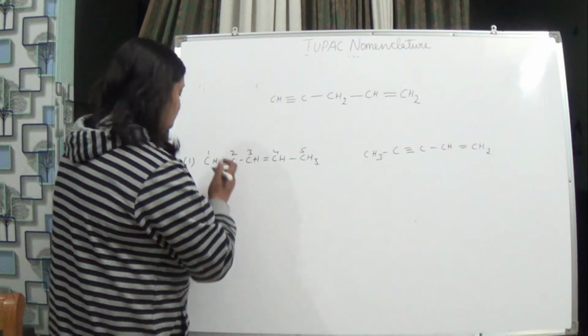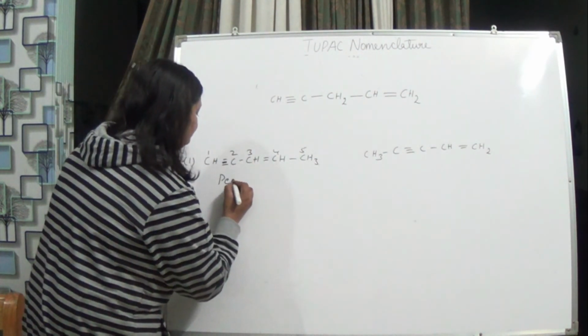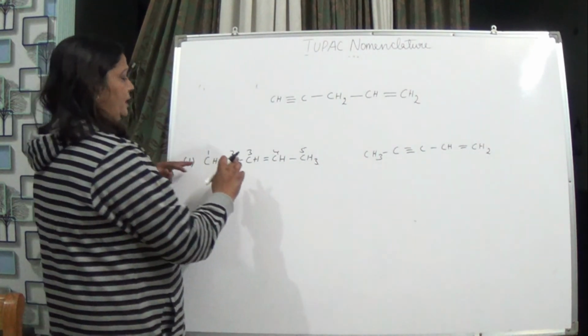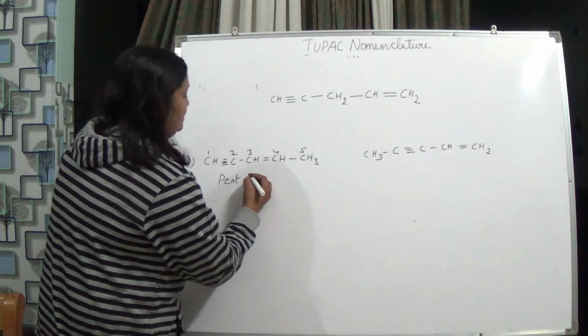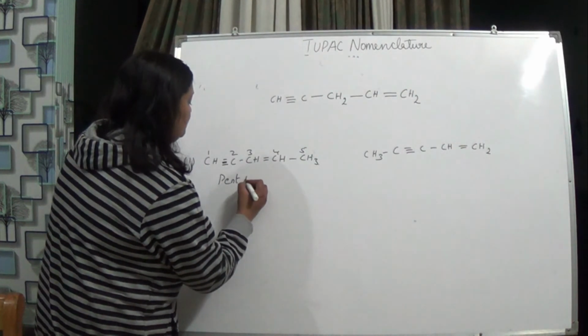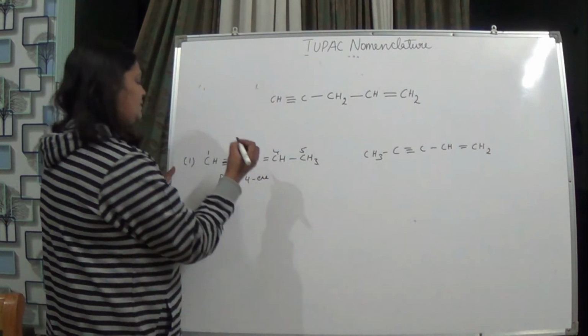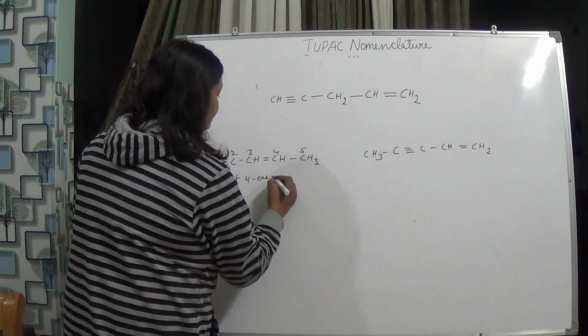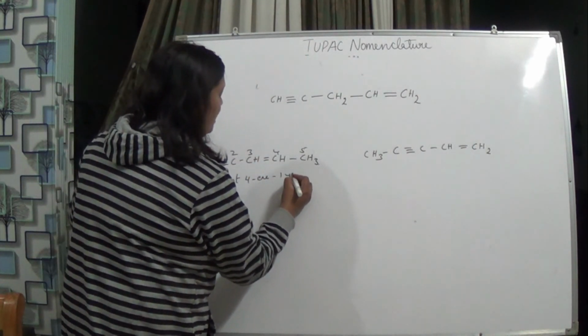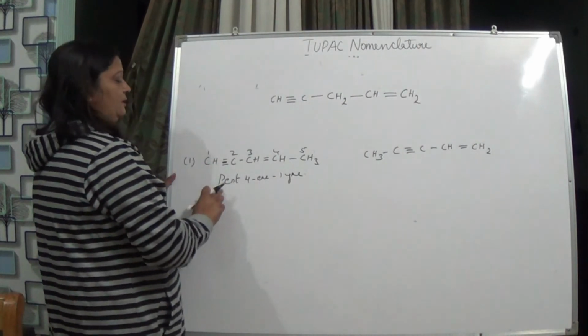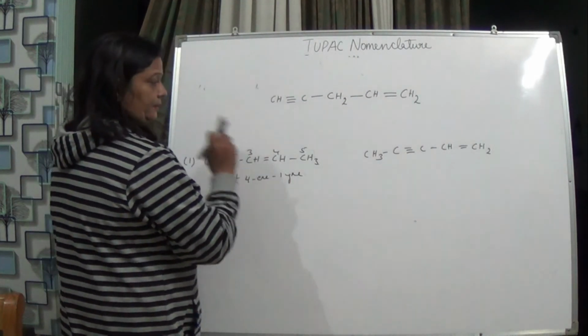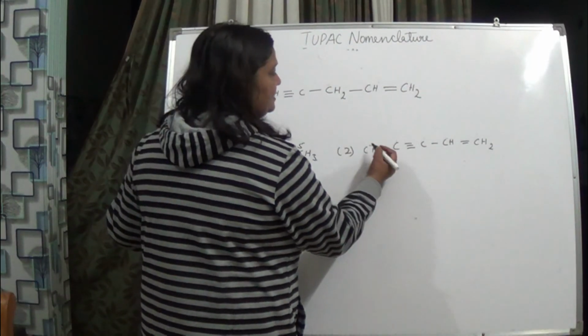It is 5 carbons, so you will be writing pent. The triple bond is... it is fourth position, 4 yne, and you will be writing 1 ene. So, pent 4 yne 1 ene. Now let us see the second one.